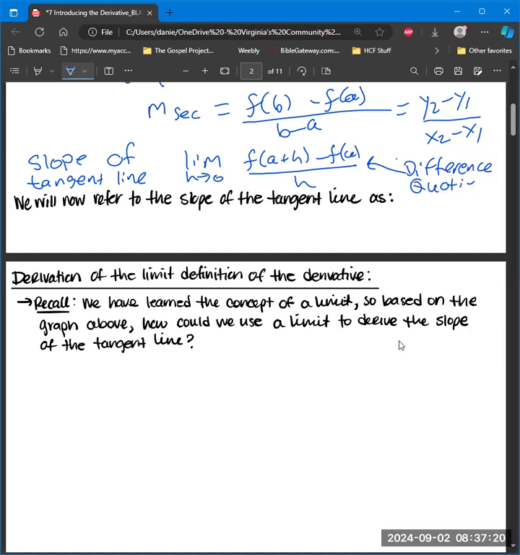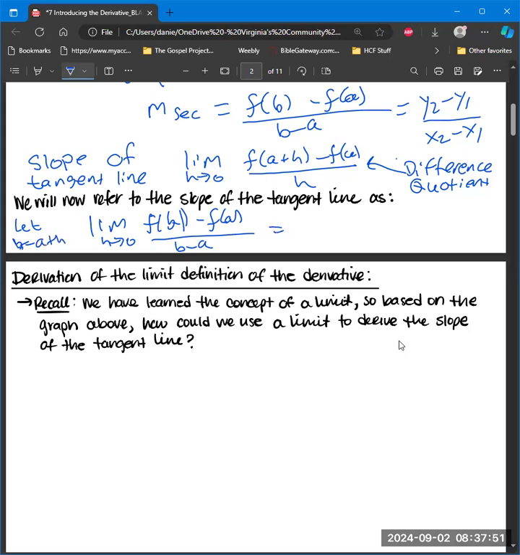You dealt with those a bit in pre-calculus, and I'll write that right here. Limit as h goes to 0 of f of b minus f of a over b minus a. Let b equal a plus h here.